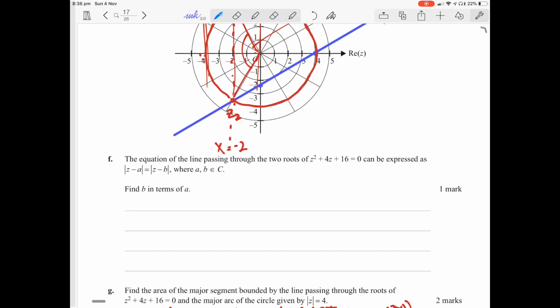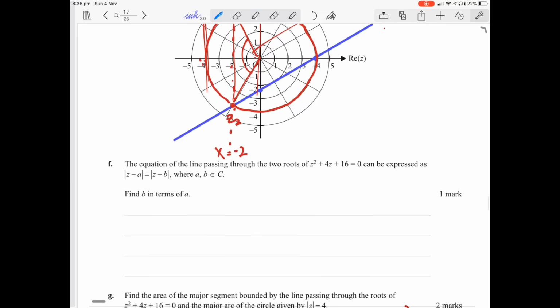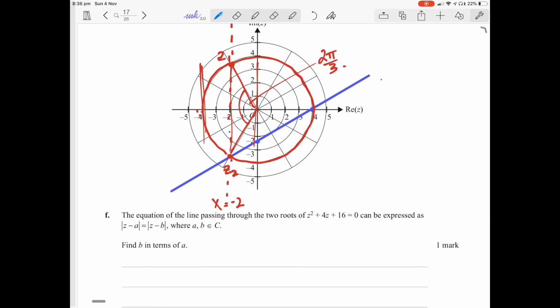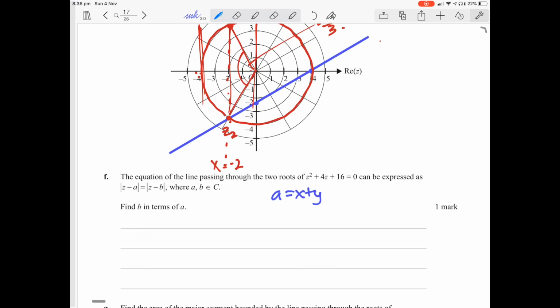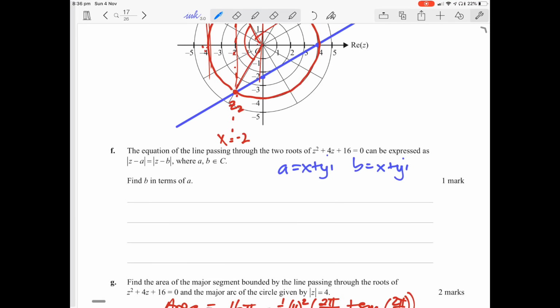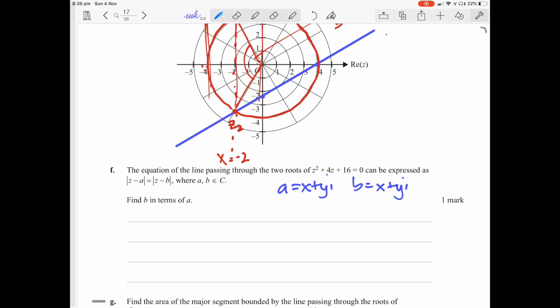The equation of the line passing through the two roots of that can be expressed as z minus A, z minus B, where A and B are elements of C. So I say A is equal to x plus yi, B is equal to x plus yi. Whatever A is, we'll say A is to the right and B is to the left.